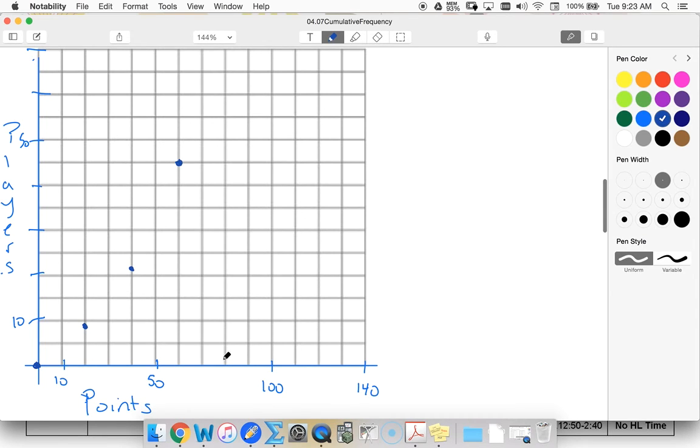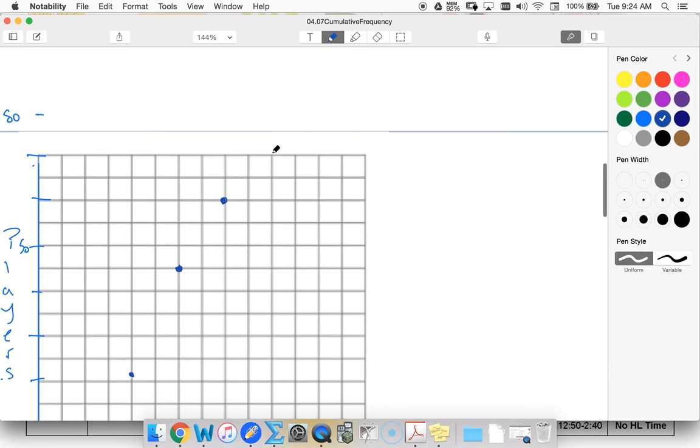So there's 80, 45, 50, 55, 60. And then we had 71. So 60, here's 71 about, and then we had 78, and then 80.